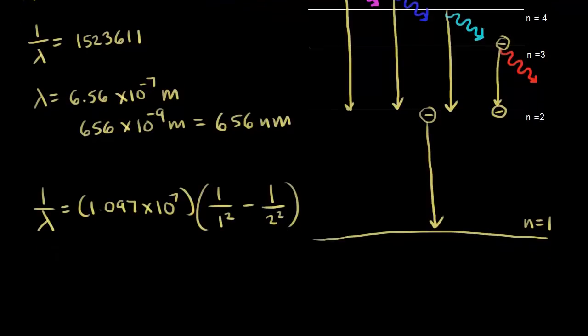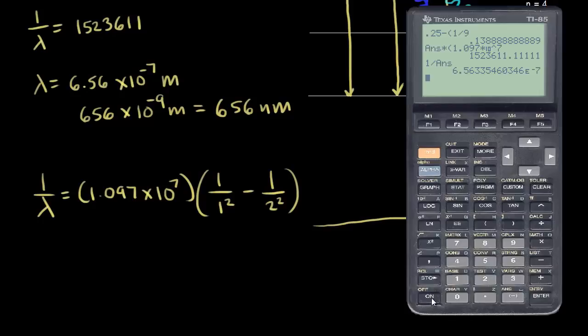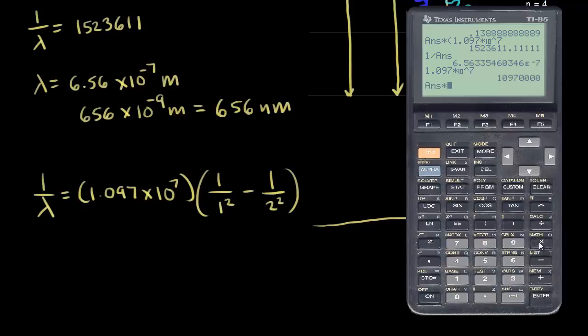All right, so let's get out the calculator here. 1 over 1 squared is just 1, minus 1/4. So that's 0.75. And so if we take 0.75 of the Rydberg constant, 1.097 times 10 to the 7th, and multiply that by 0.75, so 3/4, then we should get 8227500.